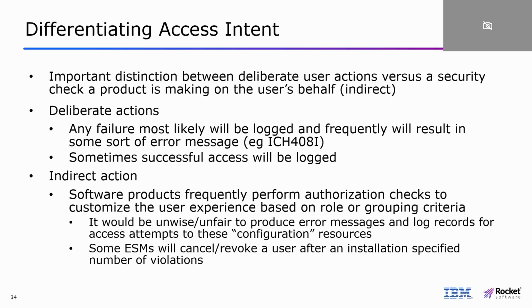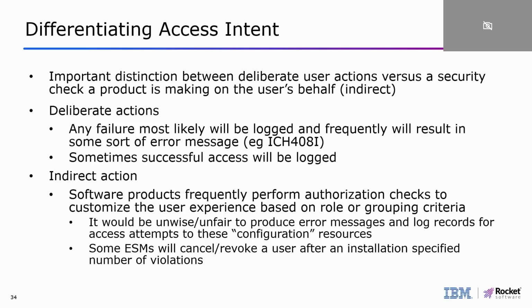I think at this point it's important to differentiate between your user's access intent. There's a difference between when your user is trying to do something deliberately and when your software under the covers is making some SAF checks on their behalf, maybe going back to those switch profiles we talked about earlier.